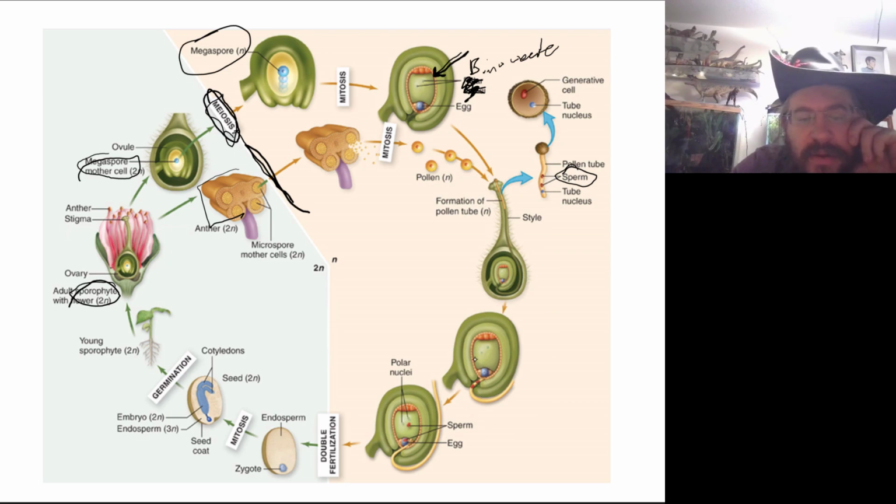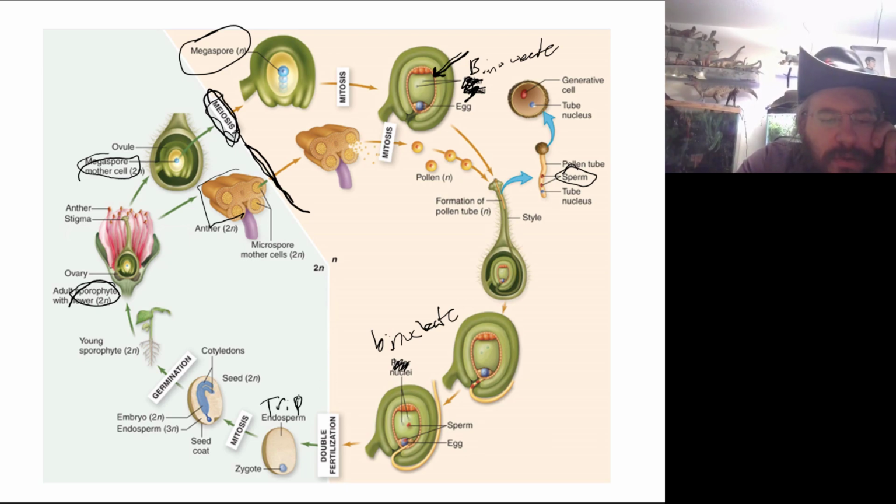and 1 fertilizes the binucleate tissue, and 1 fertilizes the egg, and we have triploid endosperm and our first cell of the newest sporophyte generation, the zygote.